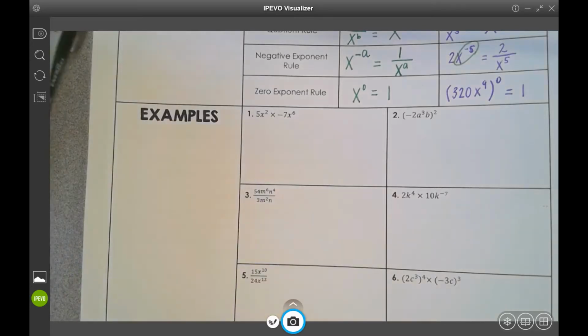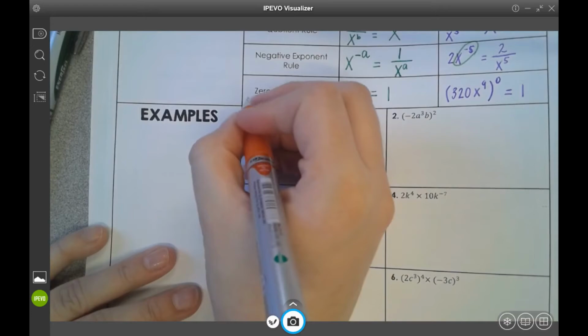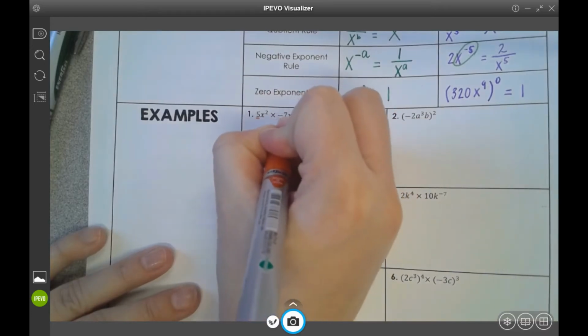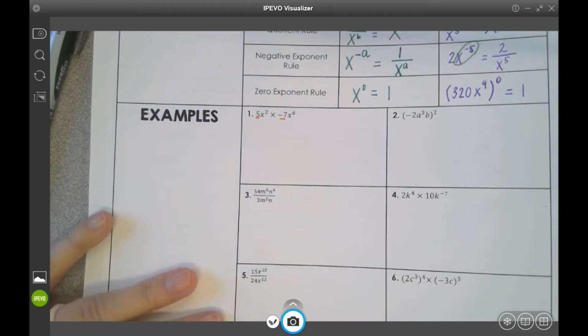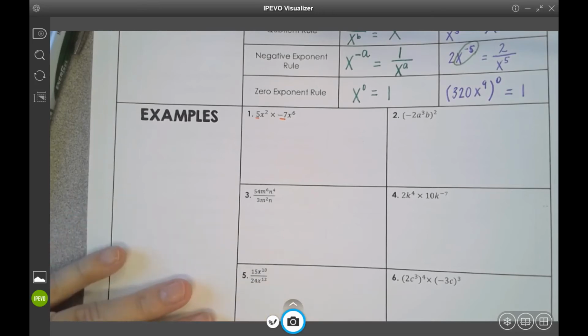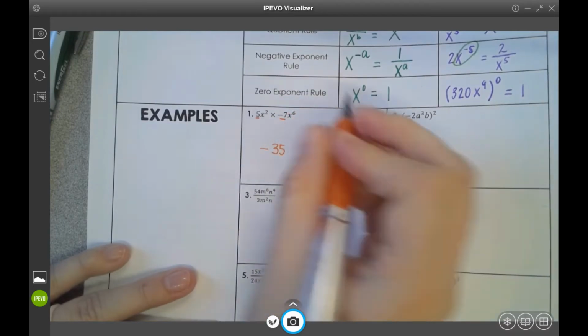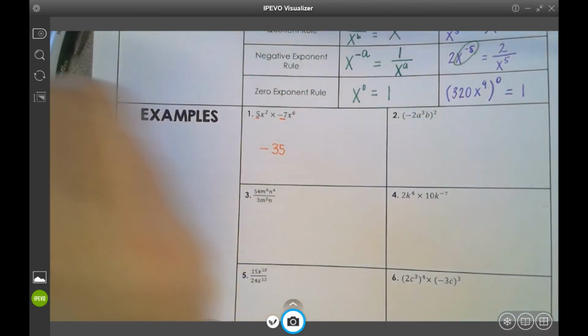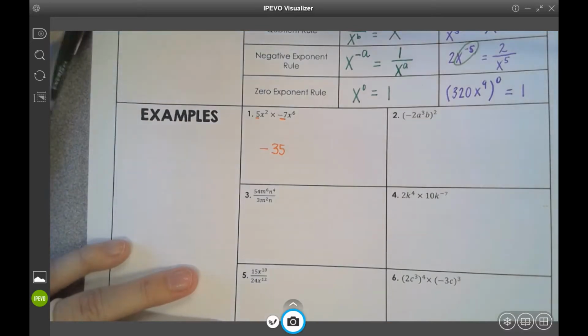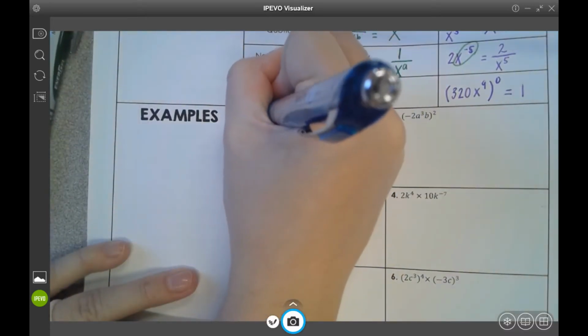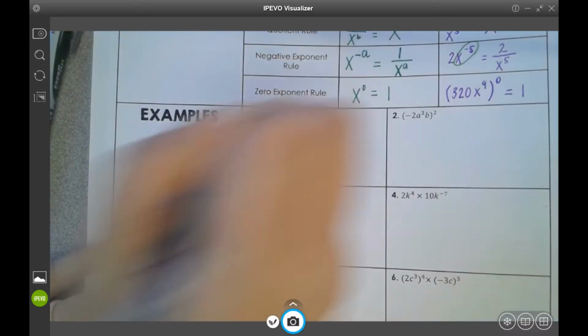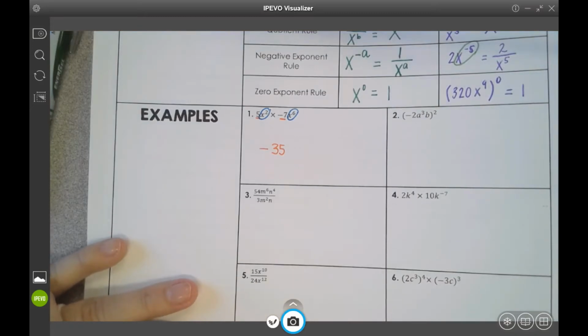When we are multiplying, if you have numbers out front, you just multiply those like normal. So what is 5 times negative 7? Negative 35. And then we do x squared times x to the 6th.